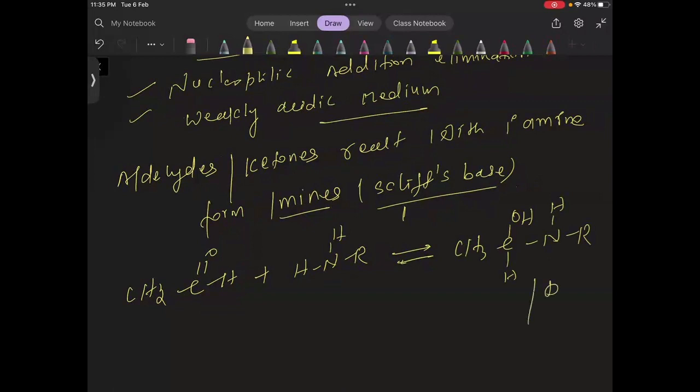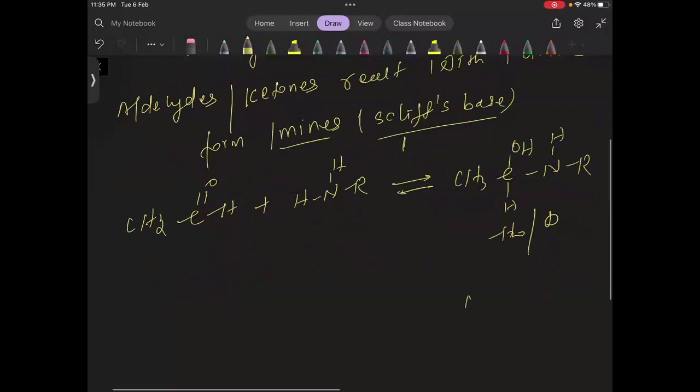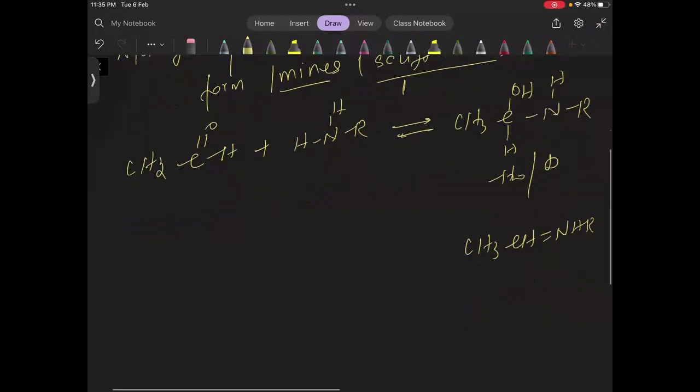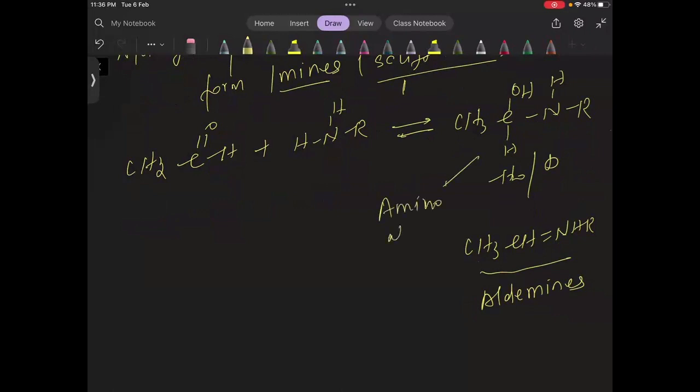When we supply heat, this compound loses water and forms CH3CH=NR. This is called aldimines. It is an amino alcohol, called so because the OH group is there.